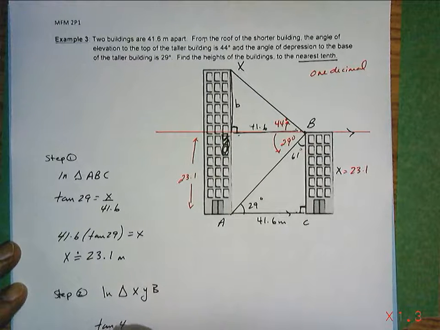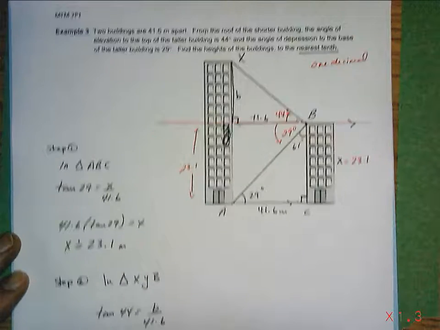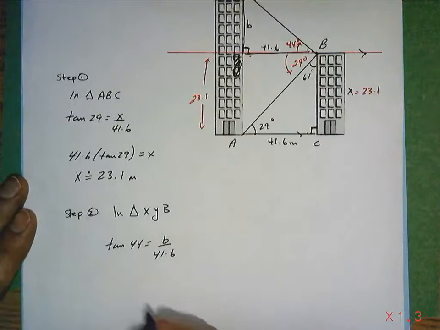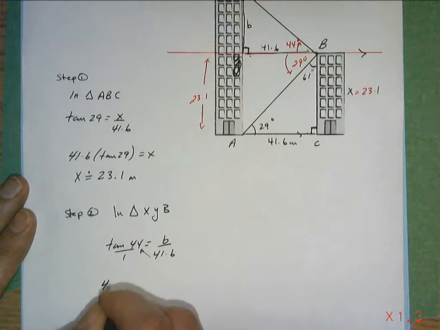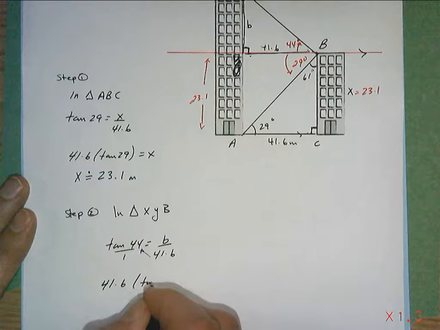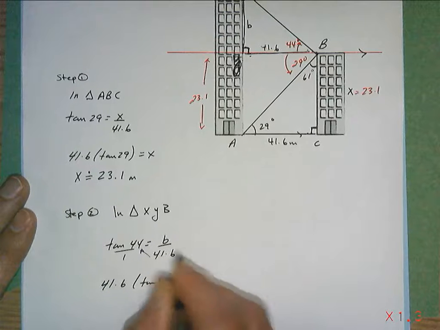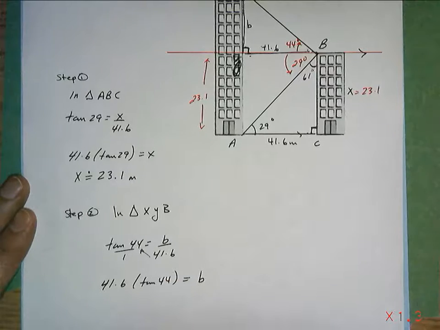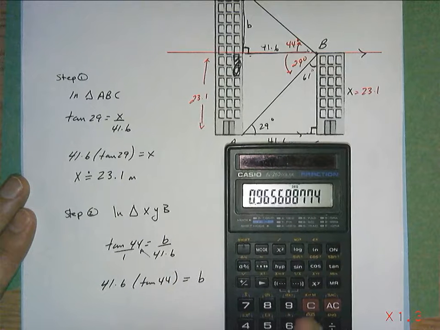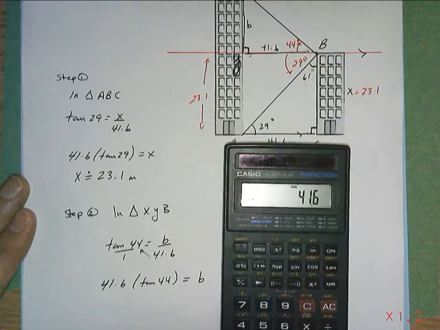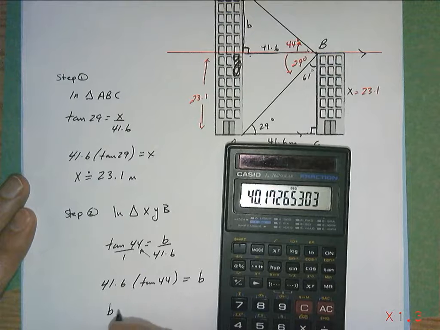So tan of 44 equals b over 41.6. Let's do the cross multiplying again. This is over top of 1, so I'm going to cross multiply. 41.6 tan of 44 equals b times 1, which is just b. So it's going to be 44 tan times 41.6.